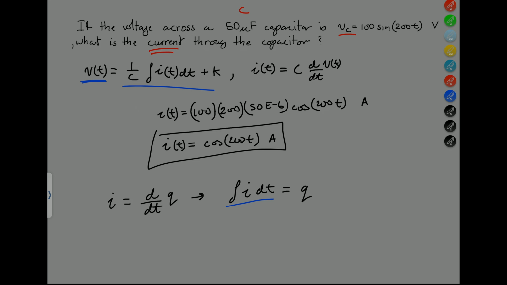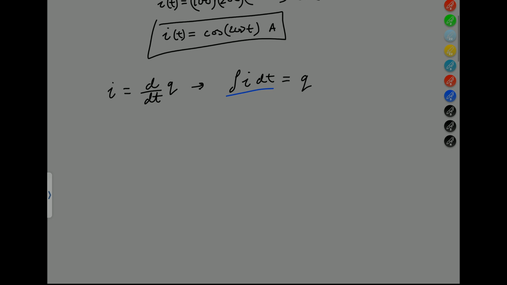We can multiply both sides of our equation by 1 over C. Then we get 1 over C times the integral of I dt, plus K if you want, equals Q over C.